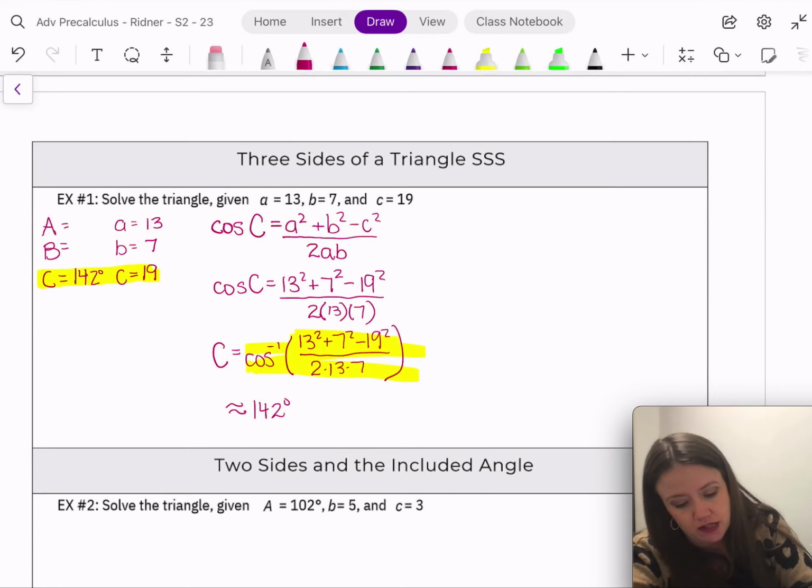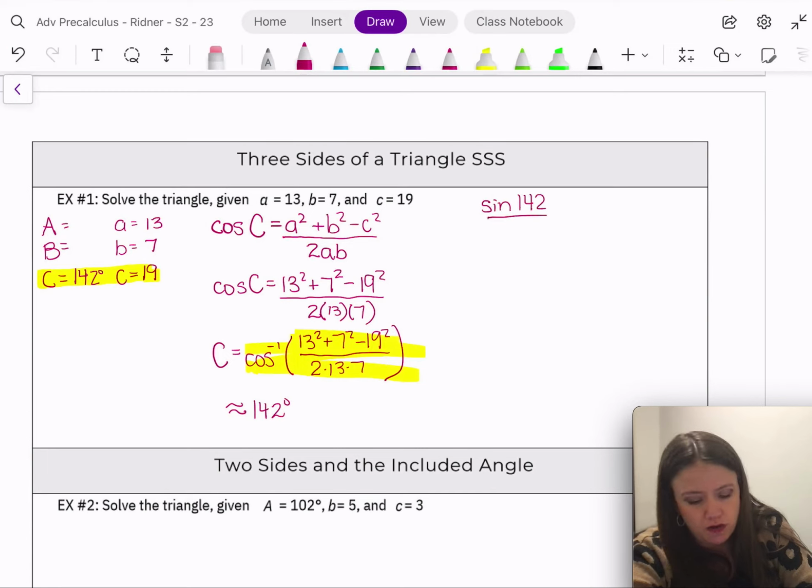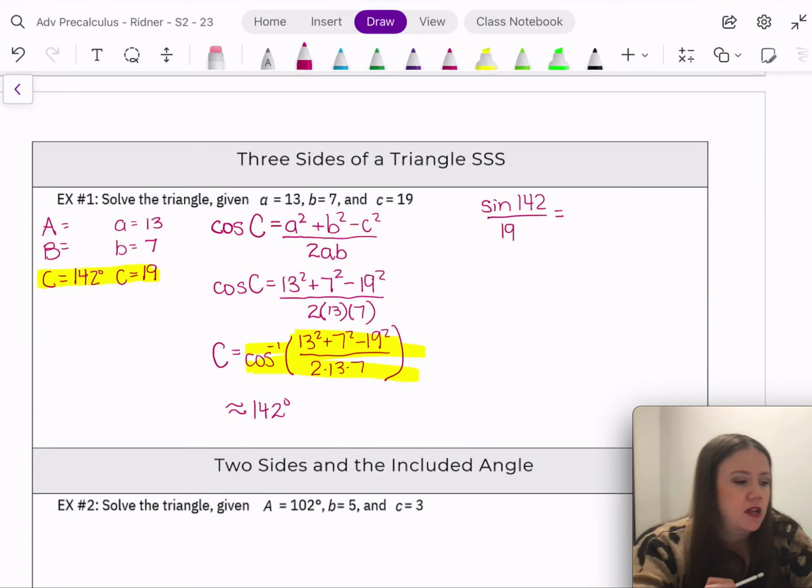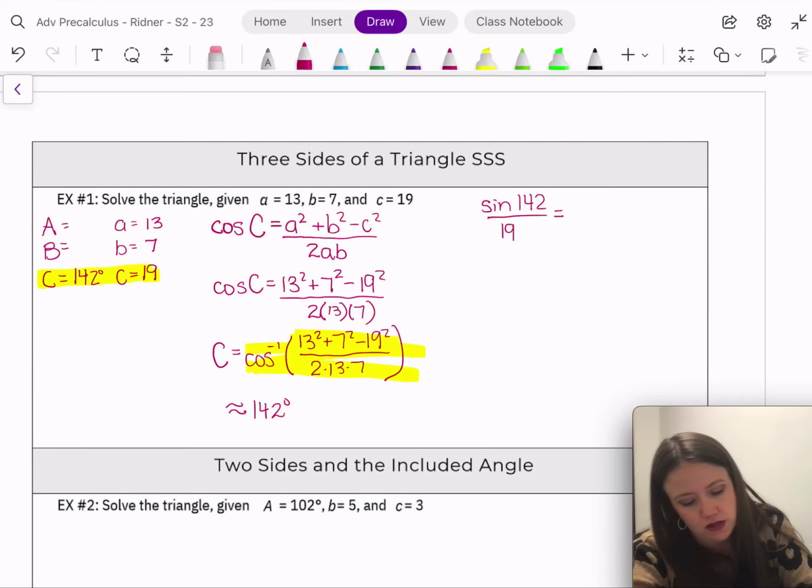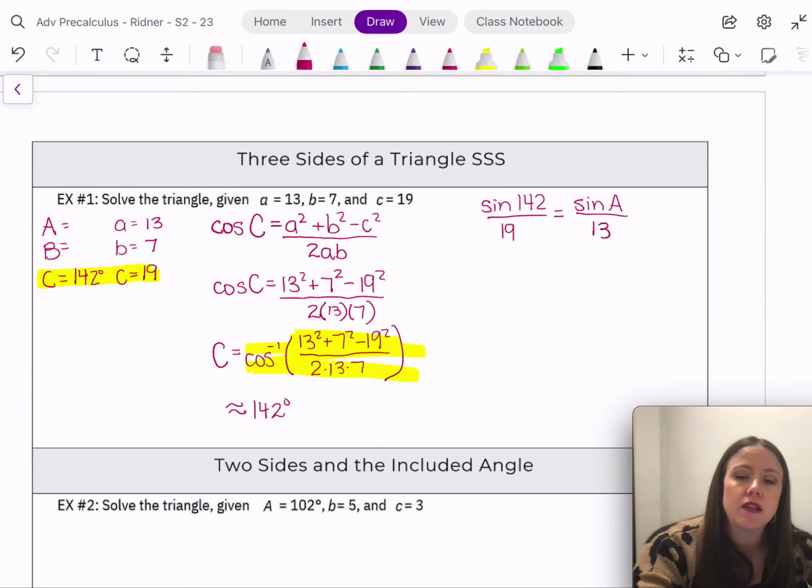So we can say sine of 142 over 19 is equal to sine A over 13, and then we can cross multiply and solve like we have been before.